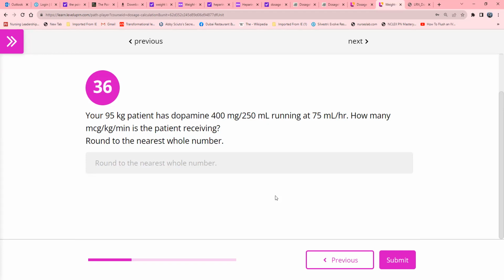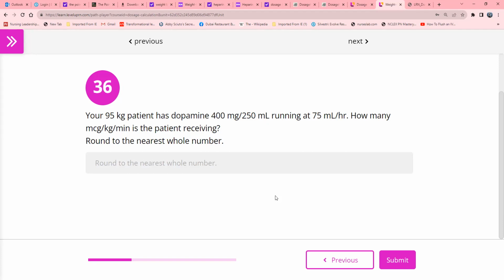0.4. Okay, so you took that 400 and divided it, but we're going to micrograms. So if we're going to micrograms, are we going to the left or the right? Oh, so I had to multiply it. Wait. 1 milligram equals 1,000 micrograms.